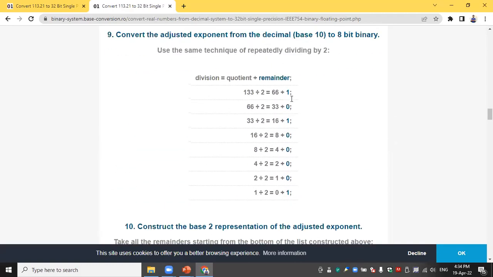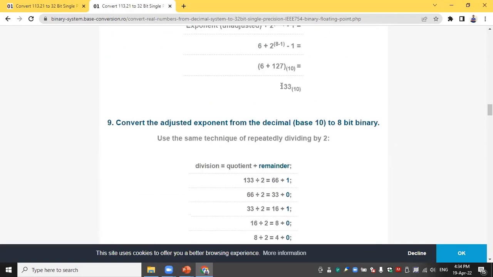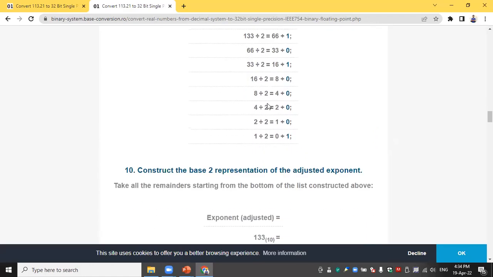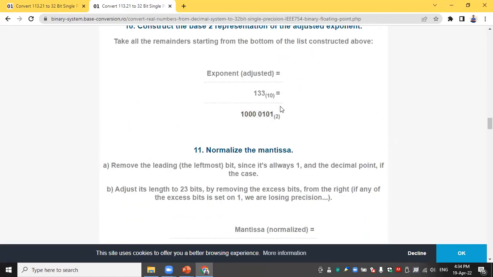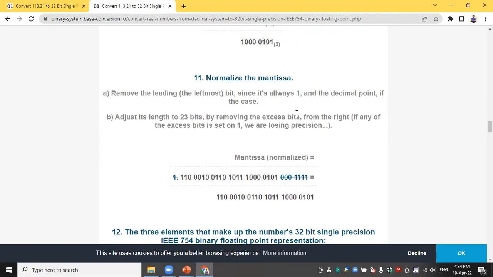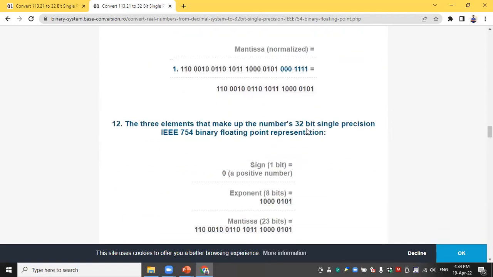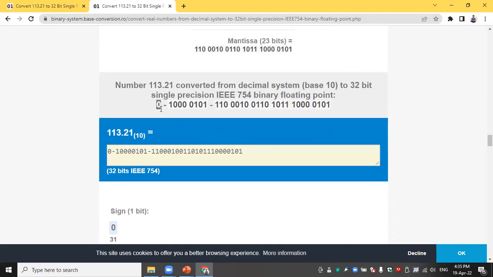Then you can convert this 133 to binary through these steps. Then you get this value. Actually, this is the exact exponent we use in the 32-bit format.